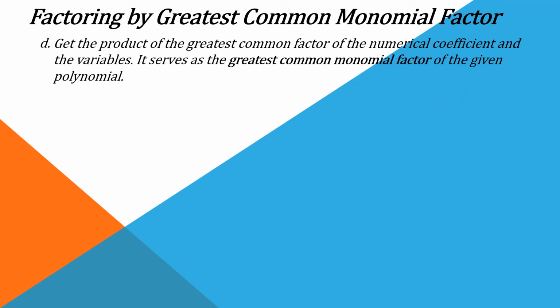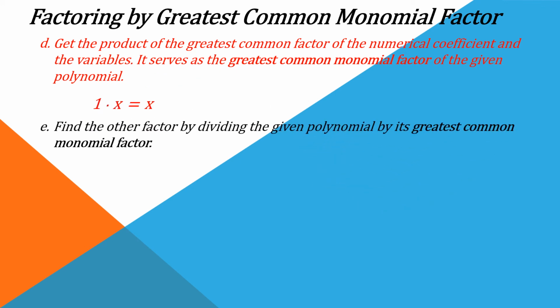Letter D, get the product of the greatest common factor of the numerical coefficient and the variables. So our greatest common monomial factor is equal to x. And find the other factor by dividing the given polynomial by its greatest common monomial factor.